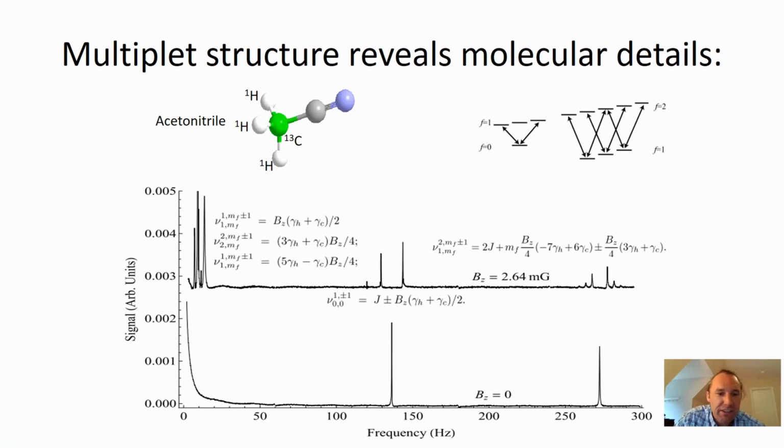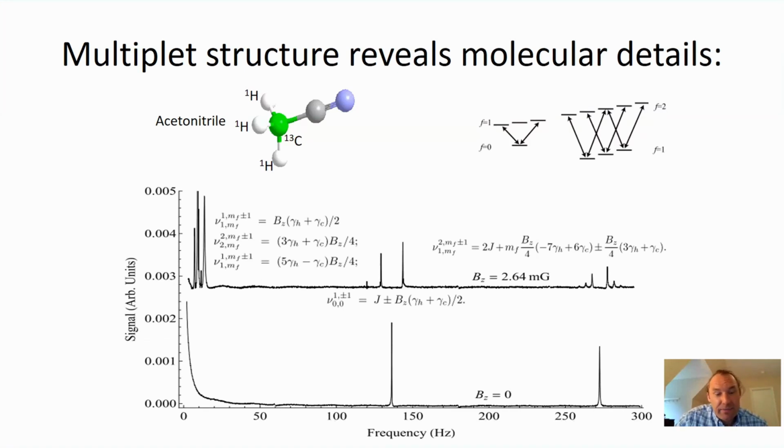If there's no magnetic field, you see two peaks, 1 times the J coupling, 2 times the J coupling. Now we apply this magnetic field 90 degrees out of the direction of detection, and the selection rule is delta MF equals plus minus 1. You see all these lines going to the sides, and you get all kinds of interesting splitting.